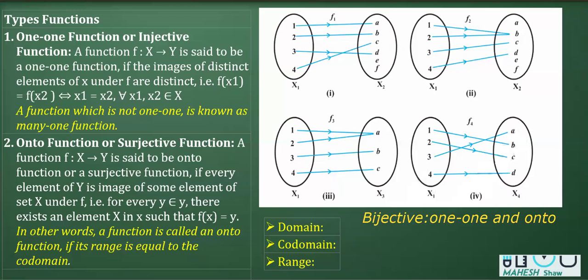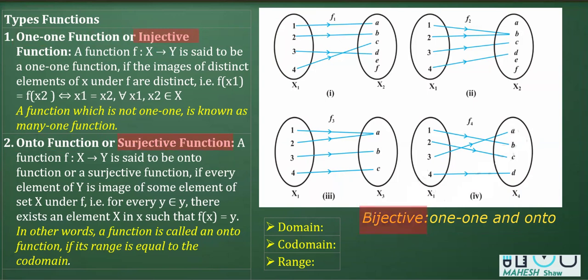And so you should know that the function which is both 1-1 as well as onto is known as bijective. So bijective, by that we mean, if a function is both 1-1 as well as onto, then it's called bijective. Otherwise also we can say a function which is both injective as well as surjective should be called bijective.